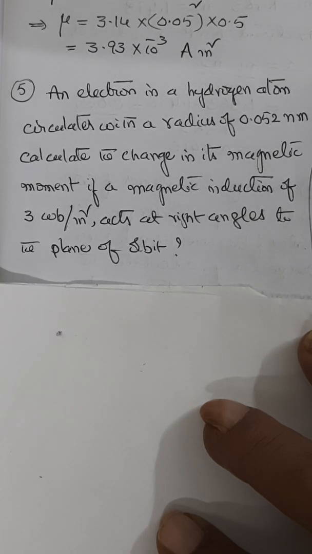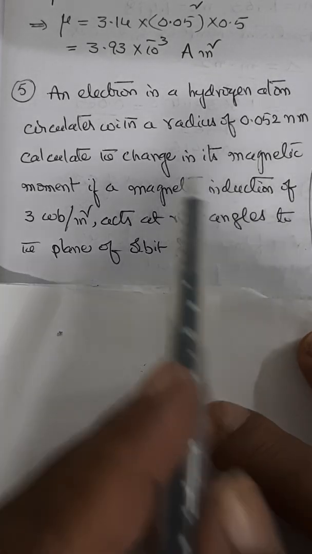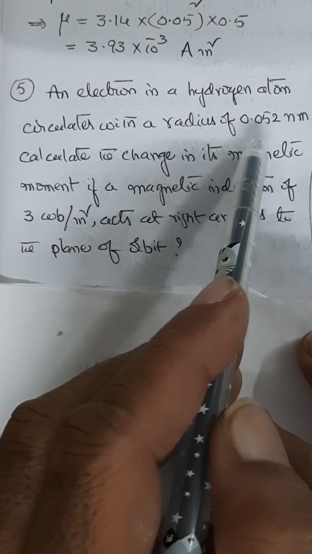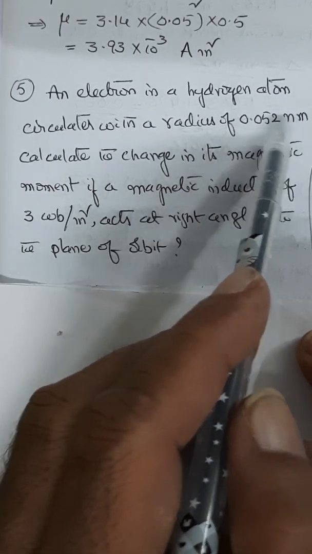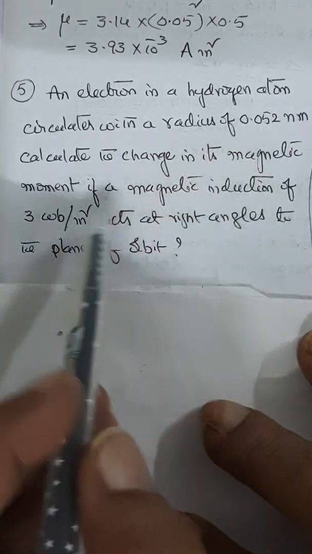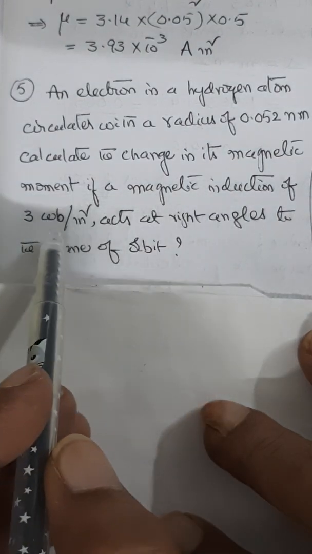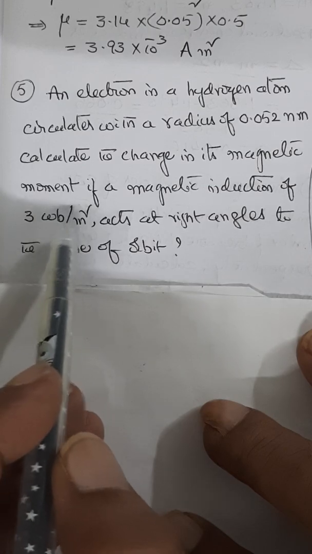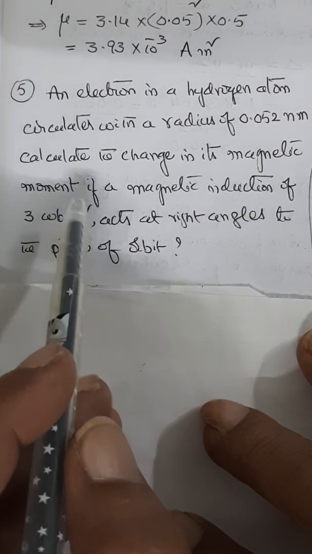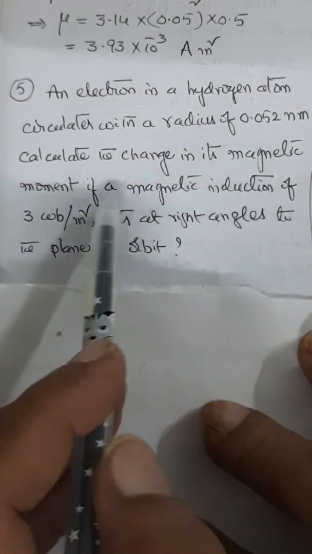So what is given in this problem? Radius of the hydrogen atom is given. That is small r. So radius of hydrogen atom is given as 0.052 nanometers. We have to convert into meters, of course. And then magnetic induction field is given, 3 Weber per meter square, that is B is given. We were asked to calculate the change in its magnetic moment.